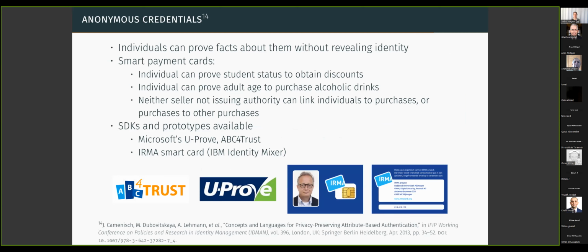Another thing that you might want to do in a smart city is to do with authentication. Maybe individuals need to prove that they are allowed to use a specific service. Maybe you want to give public transport discounts to students, or maybe you want to mandate a certain age to purchase alcohol in a store.